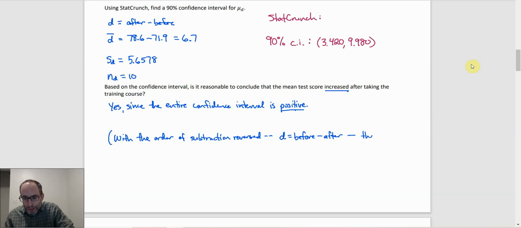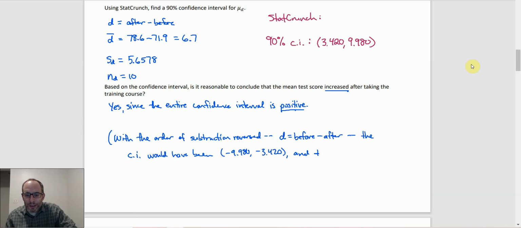Then the confidence interval would have been negative 9.980 to negative 3.420.